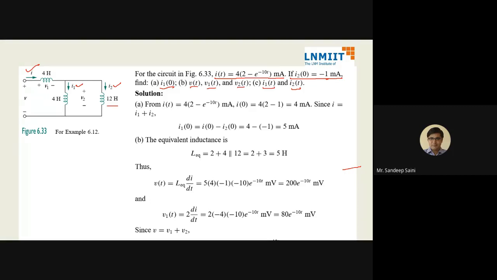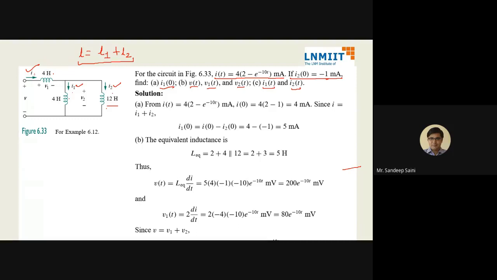Okay. Let us look at this circuit very peacefully now. There are 3 inductors: 1, 2, 3. And this is my total current I, and I is equal to I1 plus I2. Is this clear to everyone that I is equal to I1 plus I2? Yes, sir. That means at any time, be it time t equal to minus infinity or 0 or plus infinity or 10, this relation will hold.